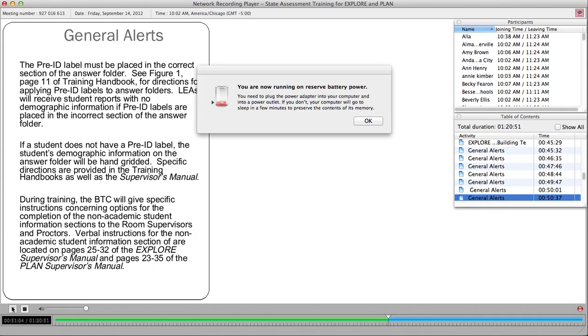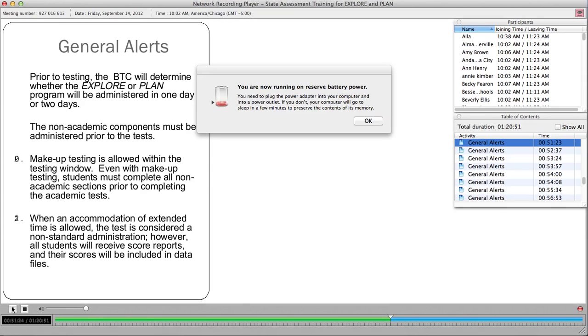And all verbal instructions for the non-cognitive student information section are located on pages 25 to 32 of the Explore Supervisor's Manual and pages 23 through 35 of the Plan Supervisor's Manual. And again, if you would like those earlier than the shipment from ACT, if you will notify me, I will send you an electronic copy of those manuals.